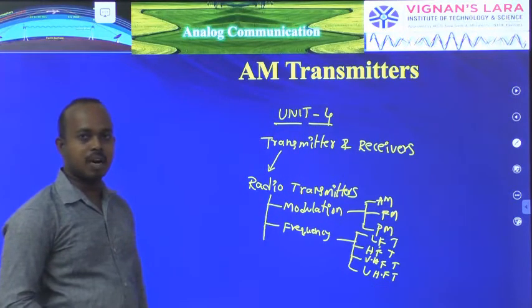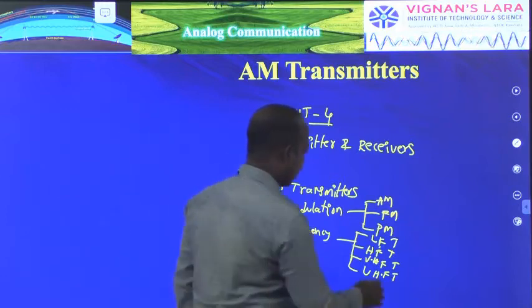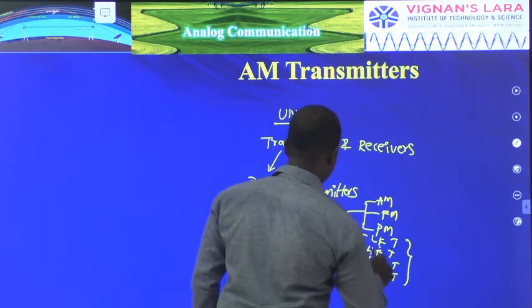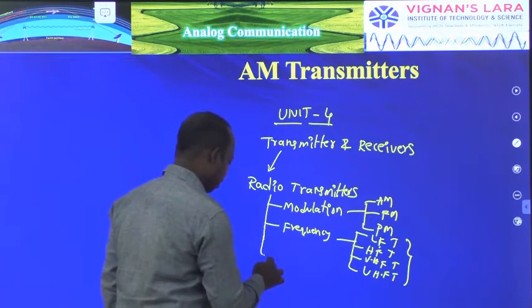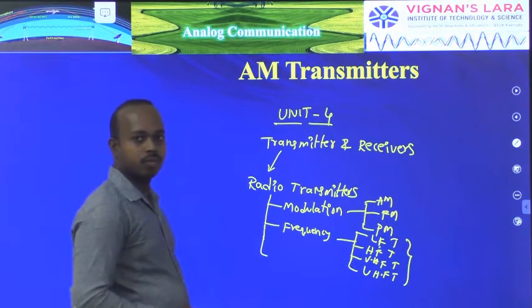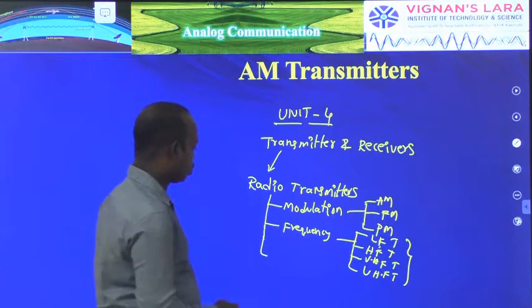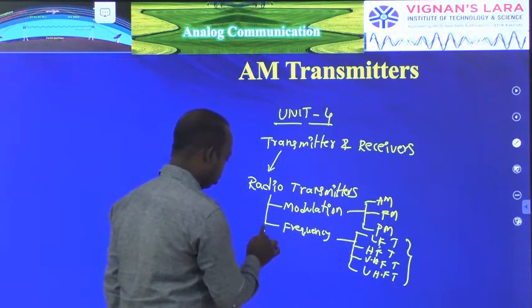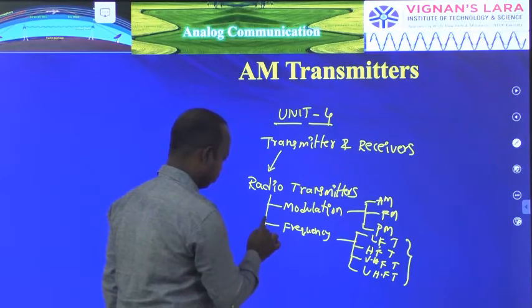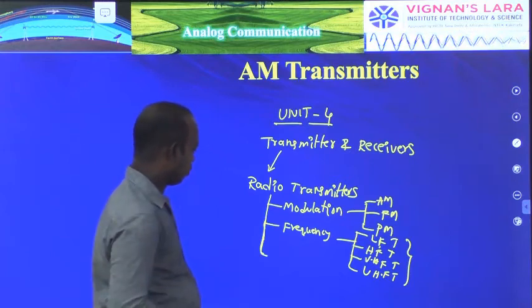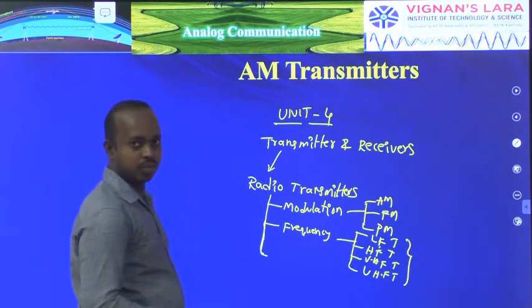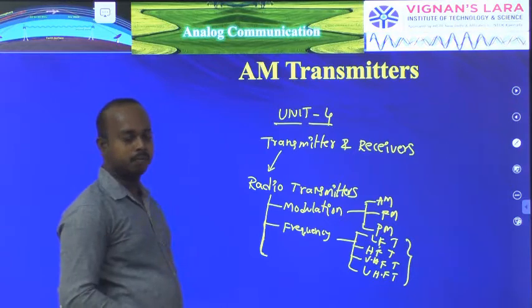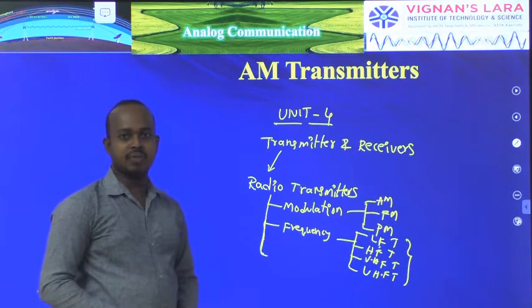Based on the frequency parameter, the transmitters are mainly classified into these types. Coming to another parameter, these two are the main classifications in radio transmitters.